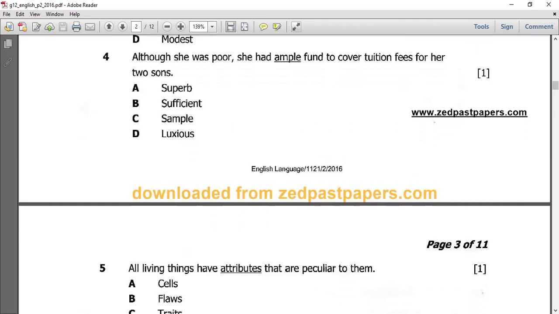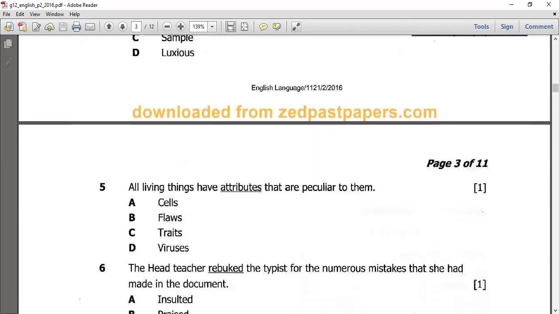Sufficient is a word which describes something which is enough. So that is our answer for question 4. Now we are proceeding to question number 5.